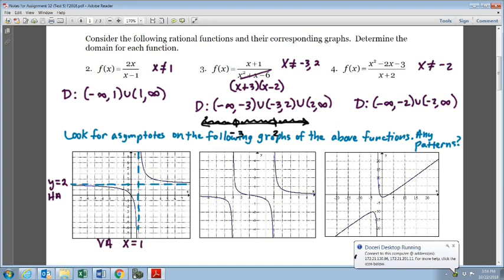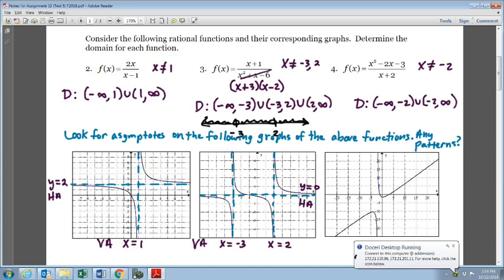All right. So again, look at the function above, look at what we have below. We're looking for a pattern here. So on the second graph, notice these are my vertical asymptotes. Now, if you look at that function up above, you ought to see something there. As far as horizontal asymptotes are concerned, notice we have one at y equals 0 here.